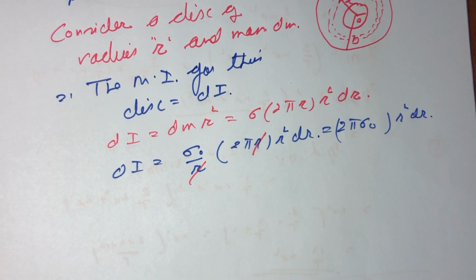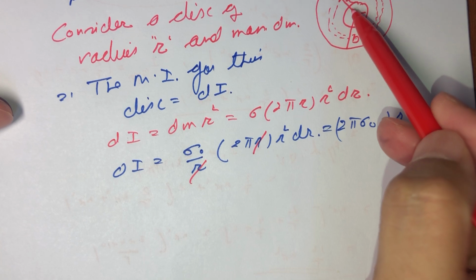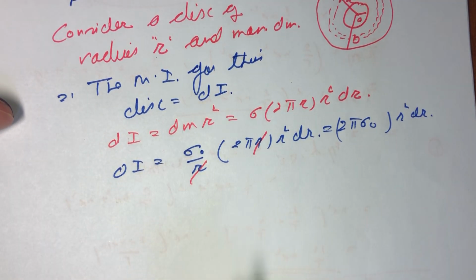Next, we found that for this small mass dm and having radius dr, the moment of inertia is dI.